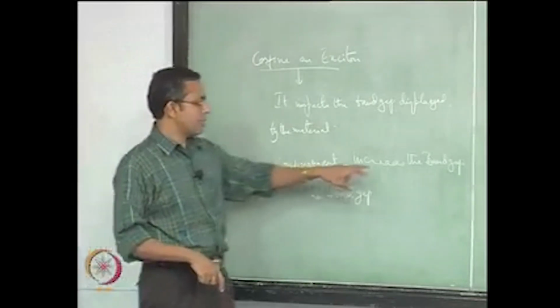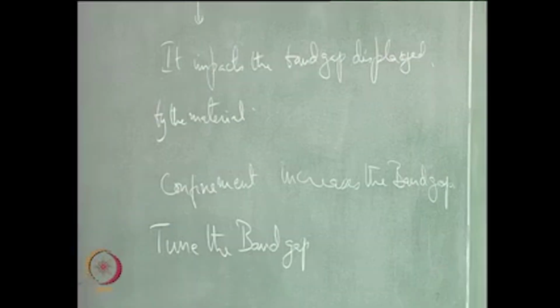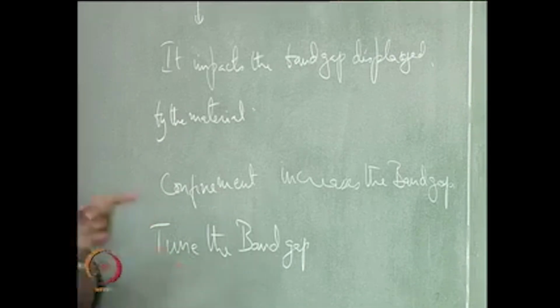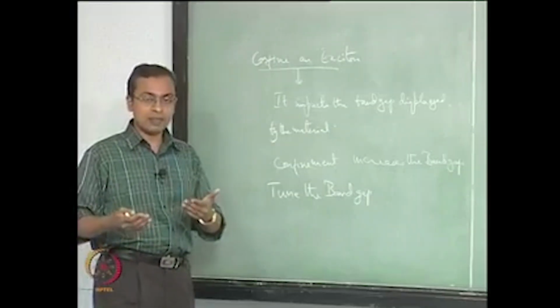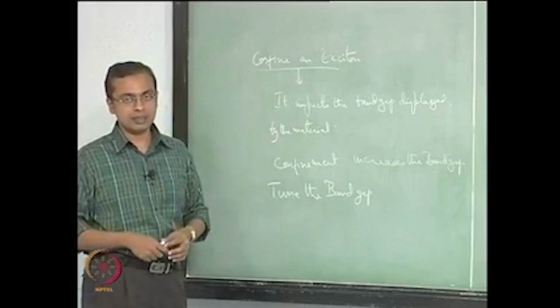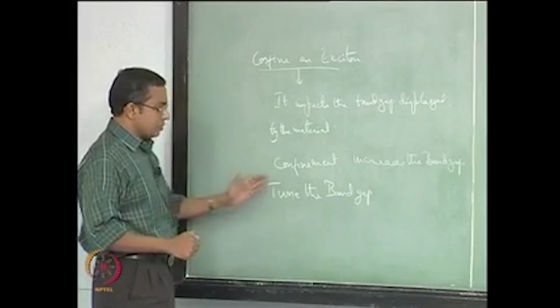So confinement increases the band gap, and by using the impact of this nanoscale structure, you can tune the band gap and get materials with the band gap that you desire, and therefore you can use it with several advantages associated with the fact that the chemical composition is the same, okay. And so that is a big advantage.